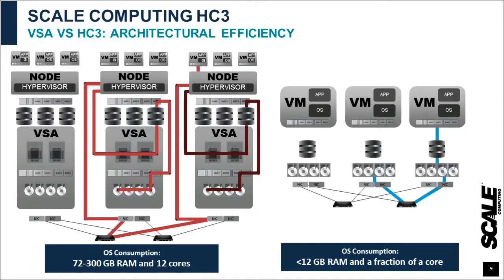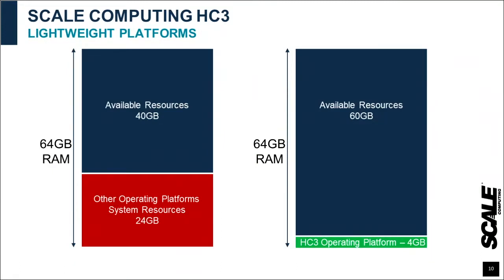So let's look at some of the different platforms that we're going to see in these scenarios. You're going to see something like 64 gigs of RAM, and starting out, a VSA model on the left side there is going to consume a pretty good chunk of it without turning on any other features. You add more to it, it's going to consume more and more of those resources. On the right side with HC3, we can still run a substantial amount of workloads on that, with 60 gigs of available resources left to run.